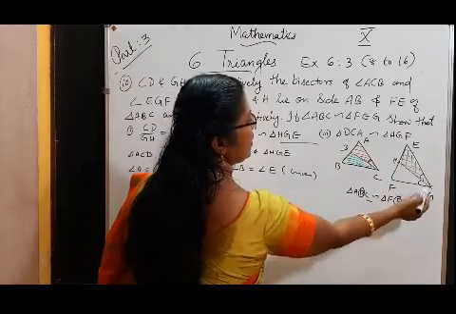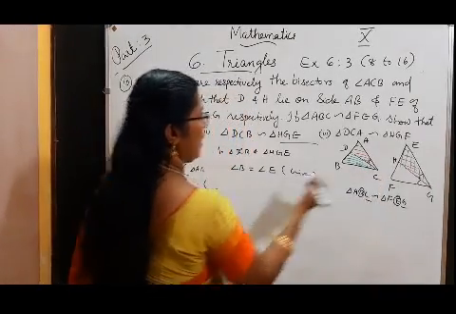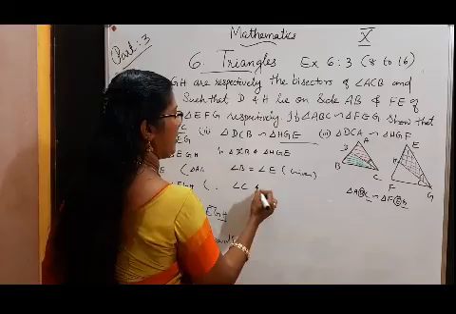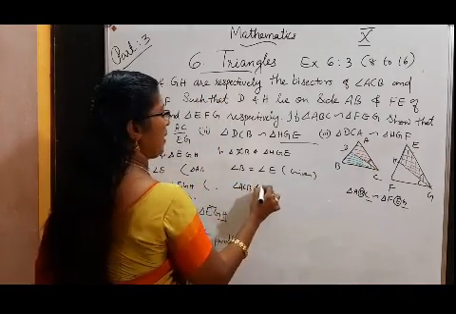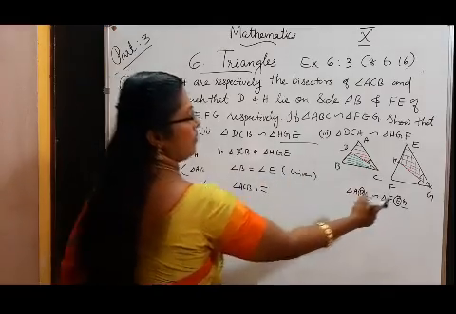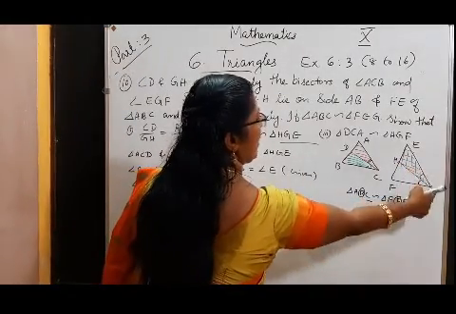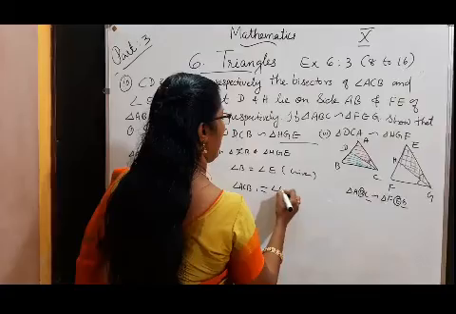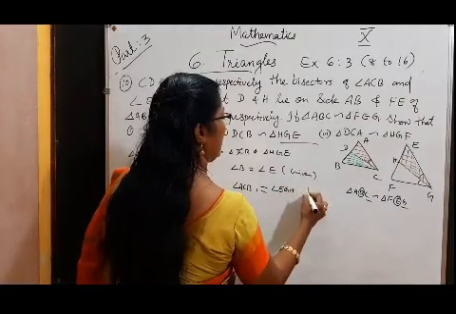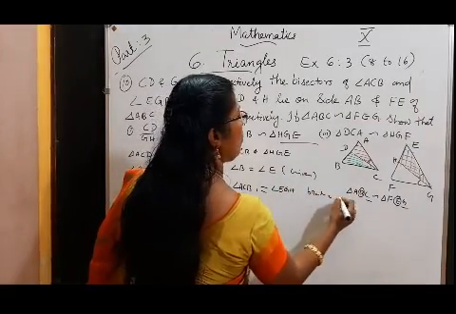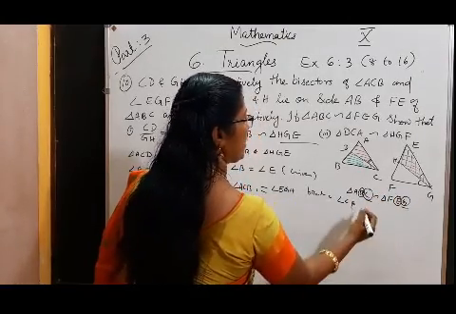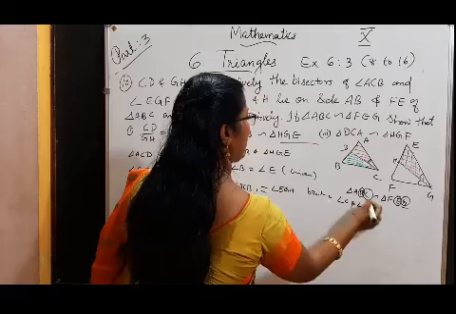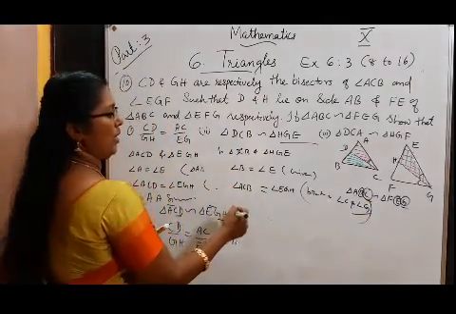Angle C and G: angle ACB equal, the bisector of angle EGH. Bisectors of angle C and G are equal, their bisectors are also equal.